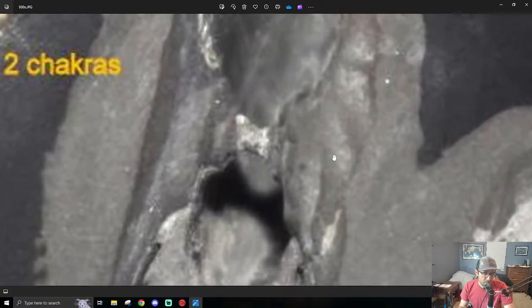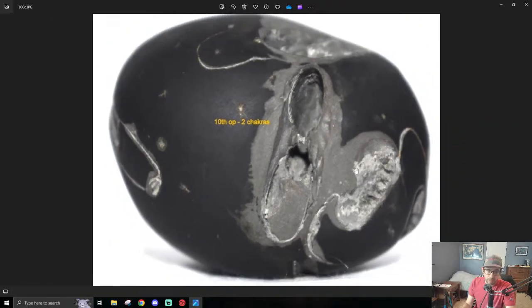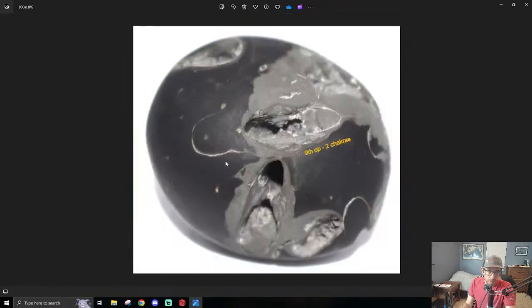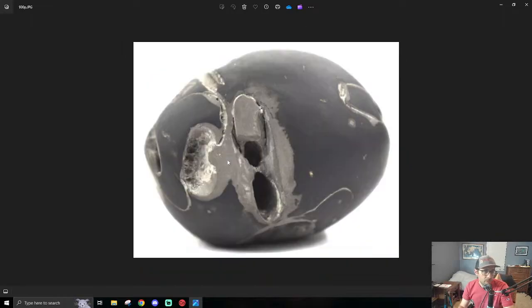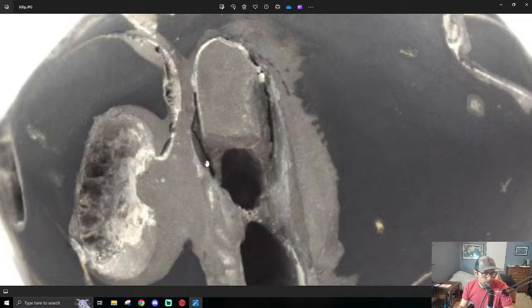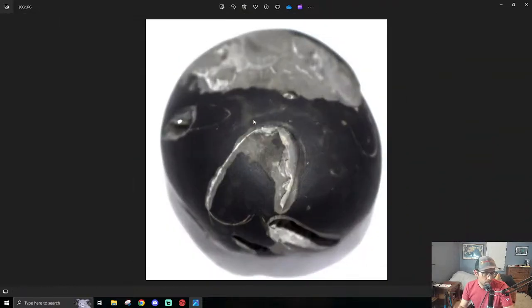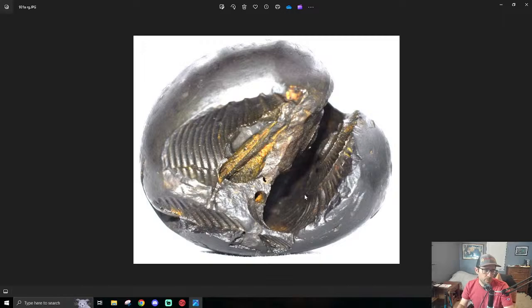Wow, it looks just kind of like muddy. Not muddy, but like what a muddy, wet material could possibly do in the right circumstances, rather than the more typical boundary of an ammonite. It's more like this.